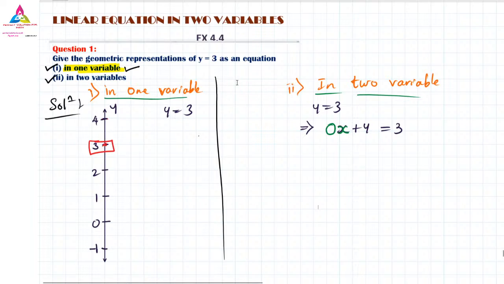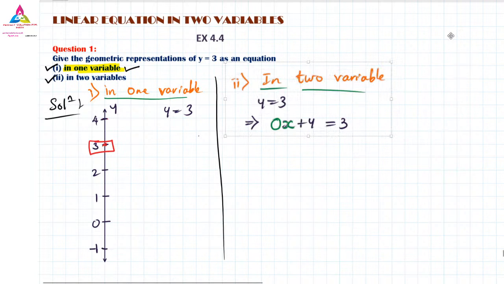In the next question, we have two variables. We have to mark in two variables, not only a single variable. So how to mark this? Simple way. Take down again the graph of the x-axis and the y-axis.